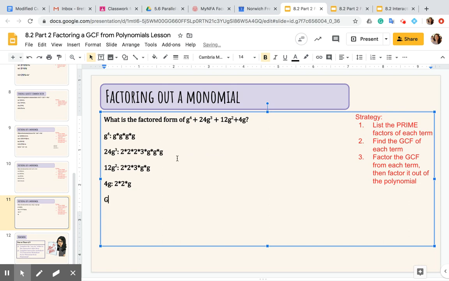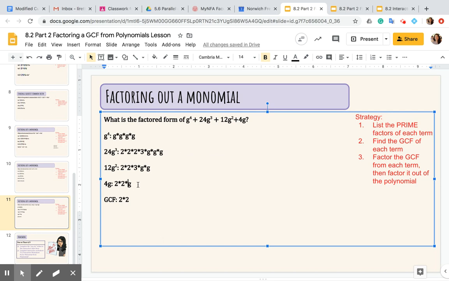My GCF is going to be what's common. I see that they all have a 2 in common, another 2, and then that's it for my coefficients. I've got 2 times 2, 2 times 2, 2 times 2. No more coefficients in this last one. So even though there's more coefficients in the first and the second, I can't take what I don't have.